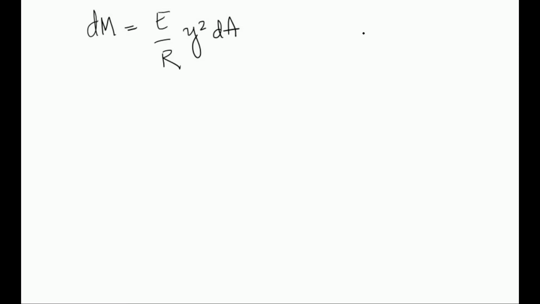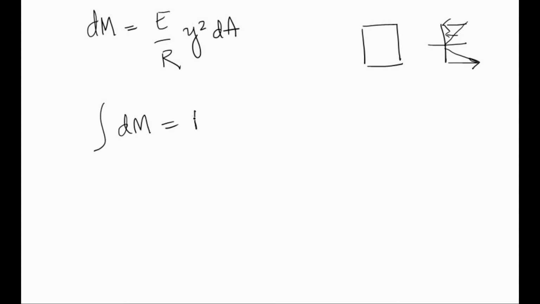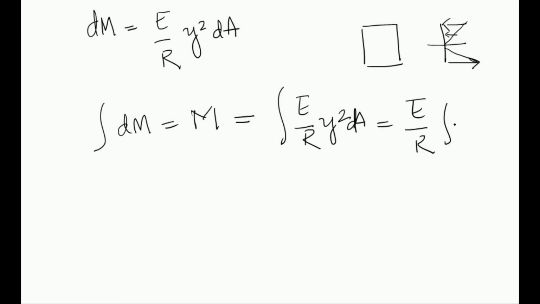So for the entire cross section, if you integrate, you get the moment M, which is acting on the member: E by R times the integral of y square dA.